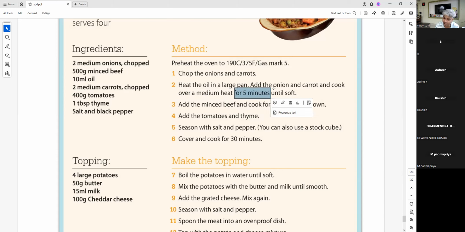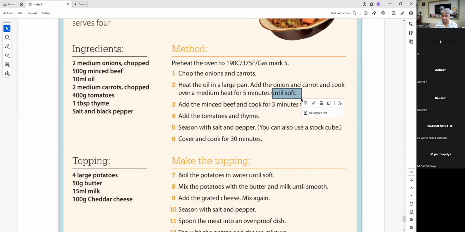Until soft. Until what is soft? Until onion and carrot become soft. Until soft means, you understand? So you have to cook for 5 minutes until the carrot and the onion are soft. Okay.